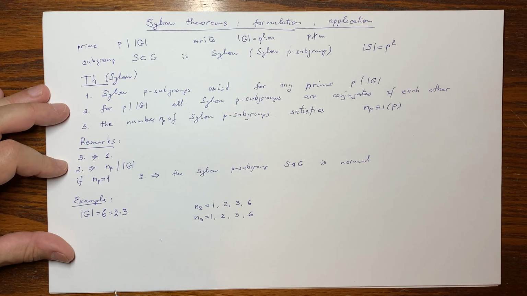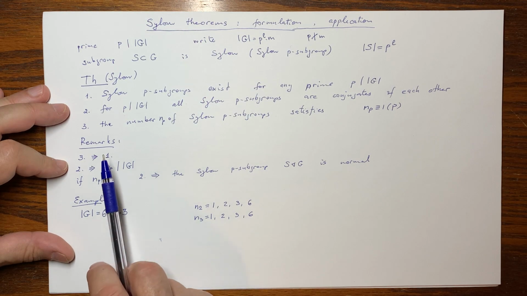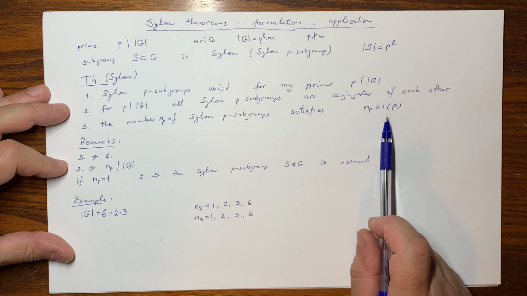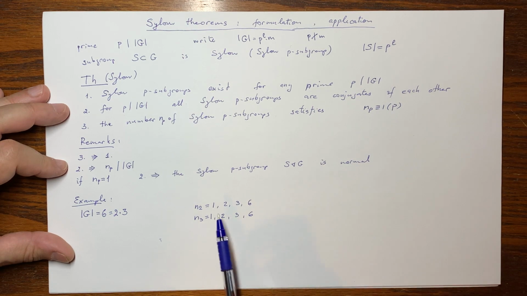So applying the second theorem first, we have this restriction for the possible number of Sylow 2 and 3 subgroups. The third theorem says that this number has to have remainder 1 modulo the corresponding prime, and in the case of 2 subgroups, it has to be odd.